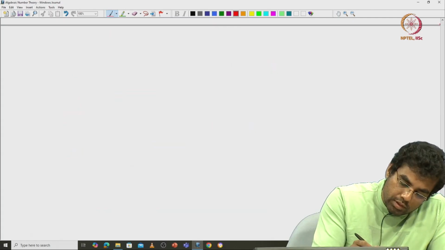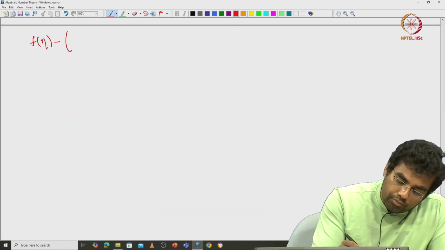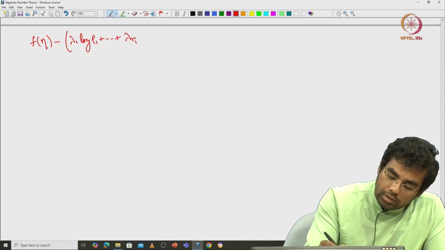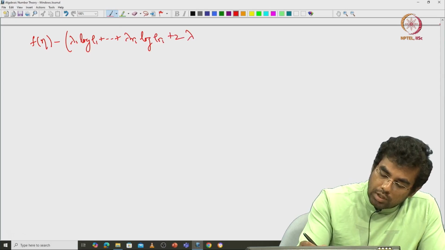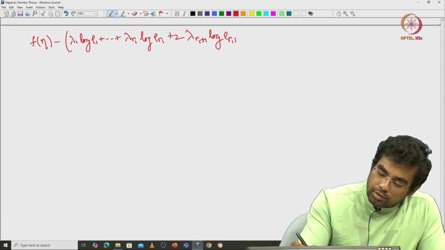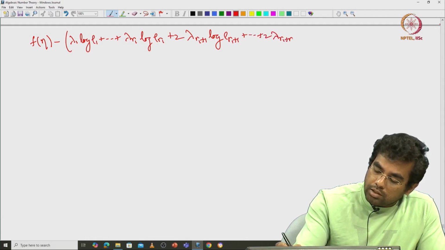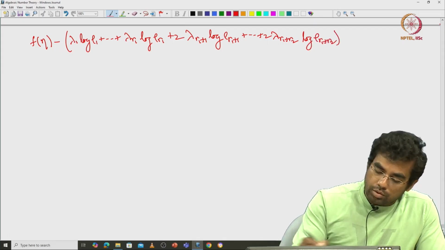So, I want to consider f of eta minus lambda 1 log of rho 1, and so on, lambda r1 log of rho r1, plus 2 lambda r1 plus 1 log of rho r1 plus 1, plus 2 times lambda r1 plus r2 log of rho r1 plus r2.